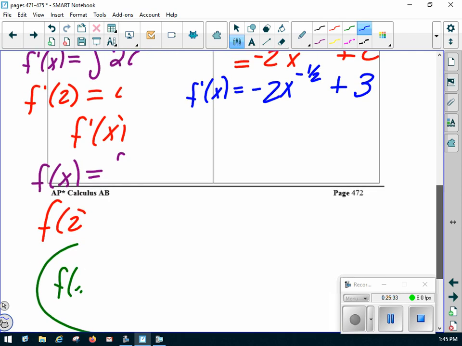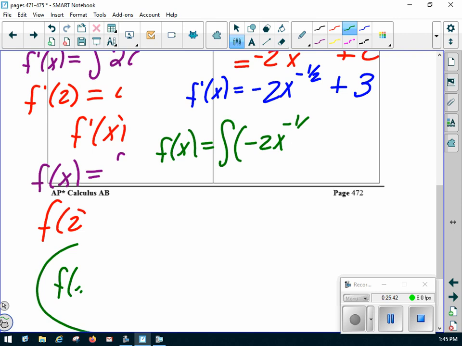How do I find f of x? Good. It's the integral of negative 2x to the negative 1/2 plus 3 dx. Now this is a case, Mason. You see how we're putting parentheses around the polynomial because it's a two-term polynomial. All right, go.